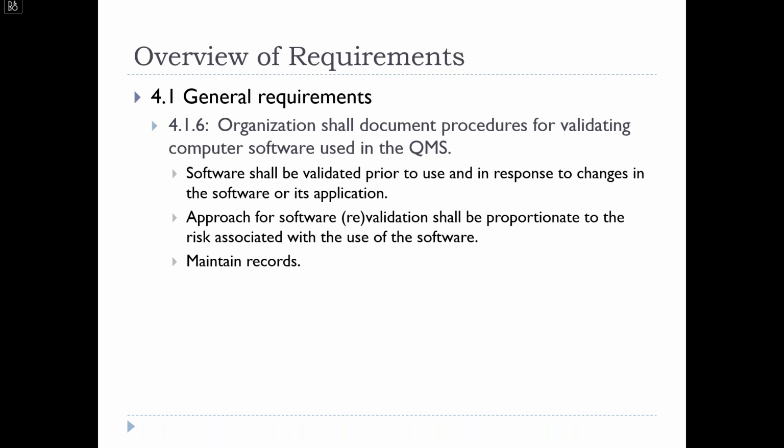Records of validation and revalidation need to be maintained. And yes, this may include commercial off-the-shelf software used in your quality management system, like Excel for tracking maybe devices requiring calibration.